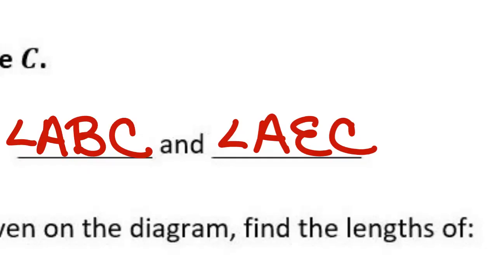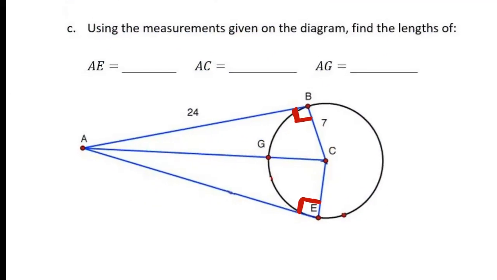Using the measurements given on the diagram, find the lengths of AE, AC, and AG. So let's find AE first. AB is a tangent, and it has a length of 24.